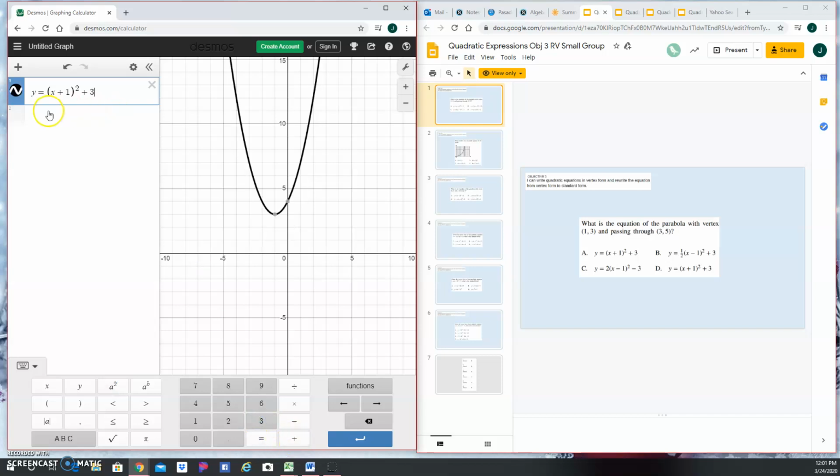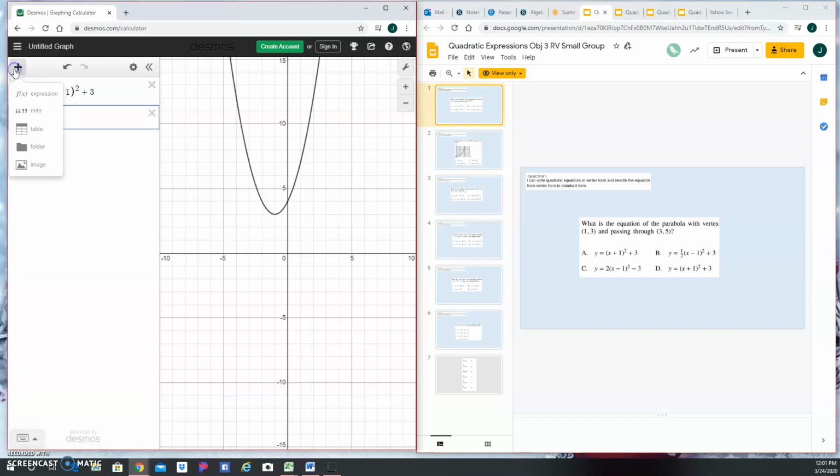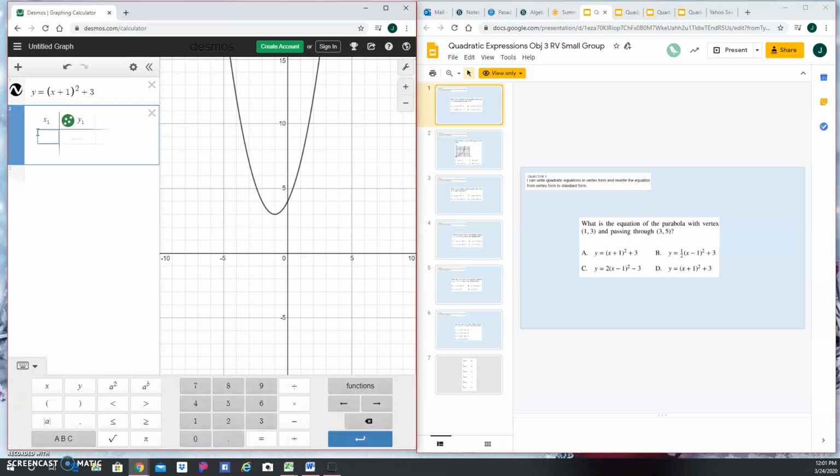And then I'm going to open up another window, click on the plus sign, go to table, and then plug in the vertex, which should be 1, 3. So I know you can see that it's not anymore because this is negative 1, 3. But I will still type in 1, 3. And whoops, it should be here. It should not be there. Therefore, the first answer choice is wrong.